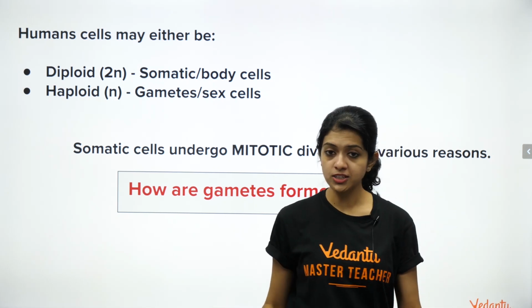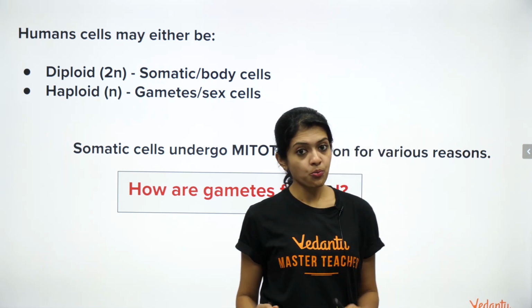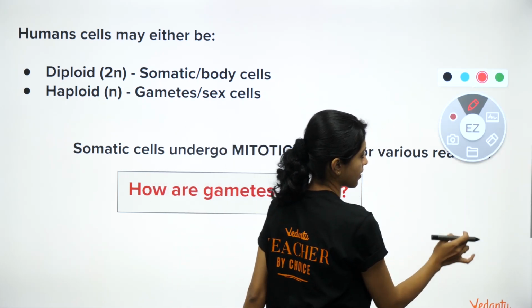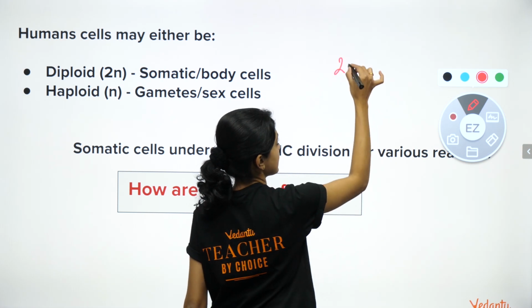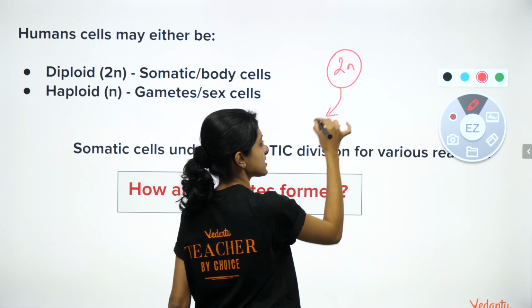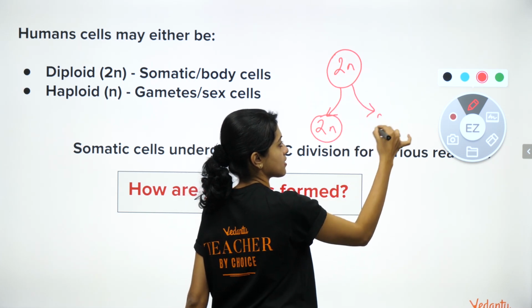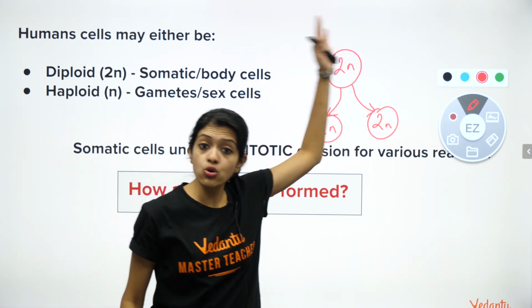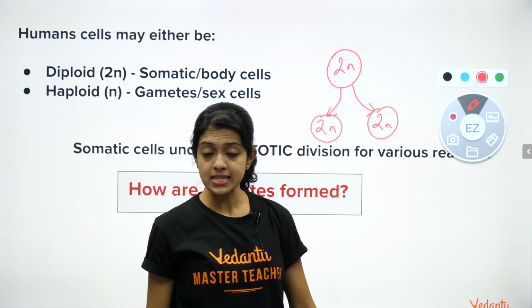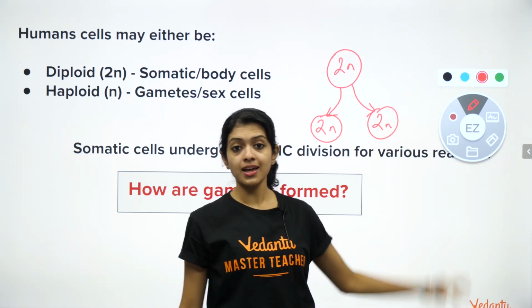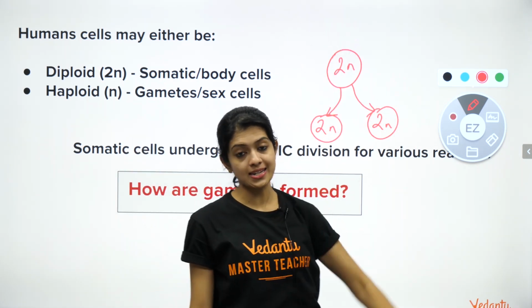Mitosis was a pretty much straightforward process wherein a diploid parent cell would give rise to two diploid daughter cells. The daughter cells would be clones of the parent, by which I mean that the daughter cells would be exactly identical to each other and identical to the parent cell.